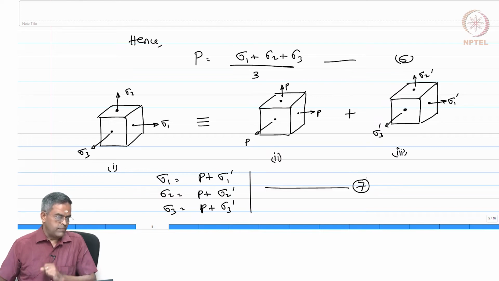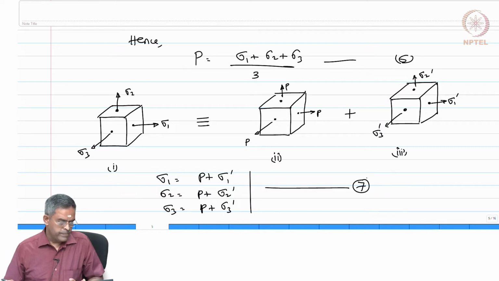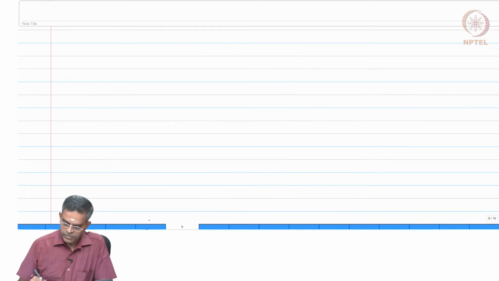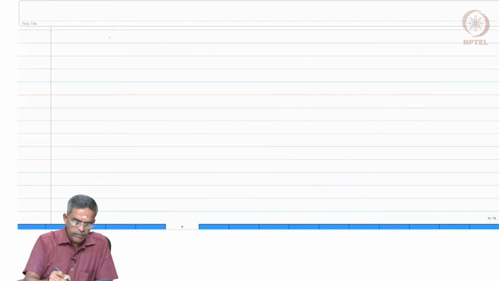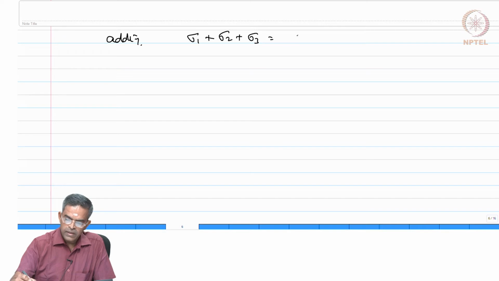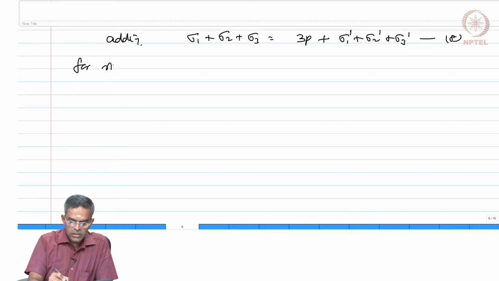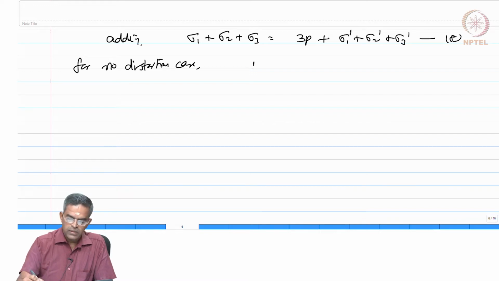I call this equation number 7. Now, adding sigma 1 plus sigma 2 plus sigma 3 gives 3P plus these dash variables. So, for the no distortion case, P should be equal to this relationship.